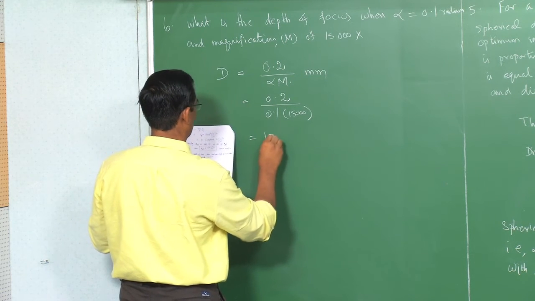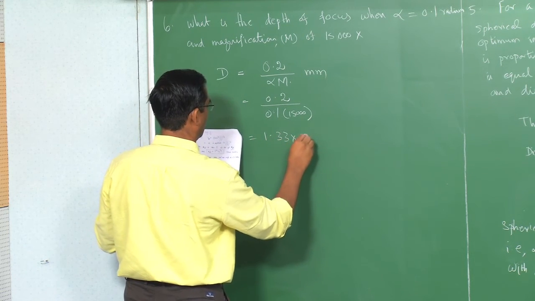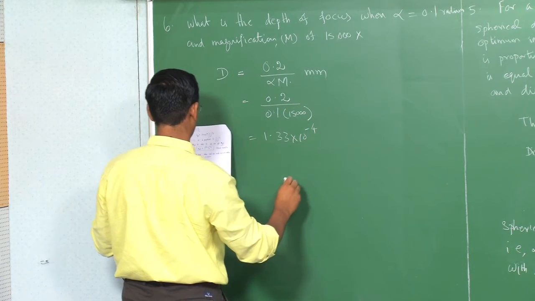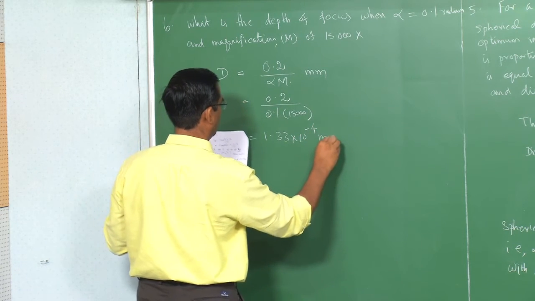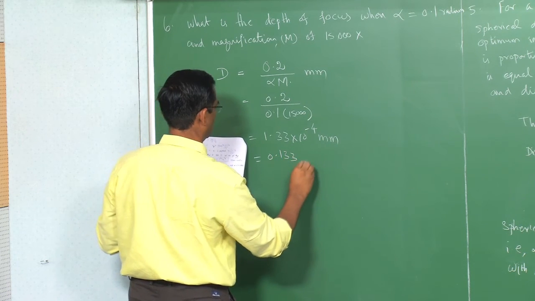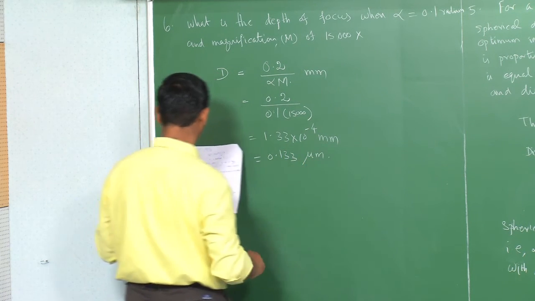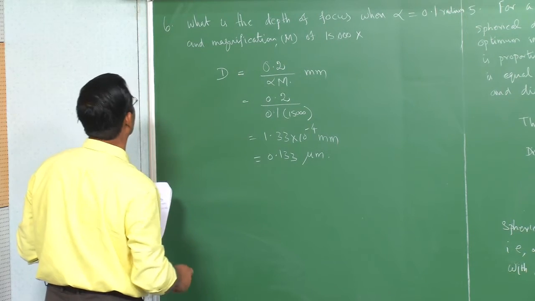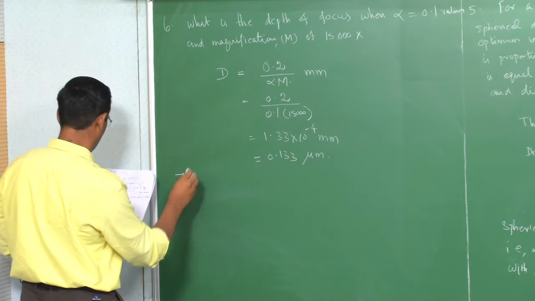So, 1.33 into 10 to the power minus 4 mm, or 0.133 micrometer. So, that is a very simple problem.